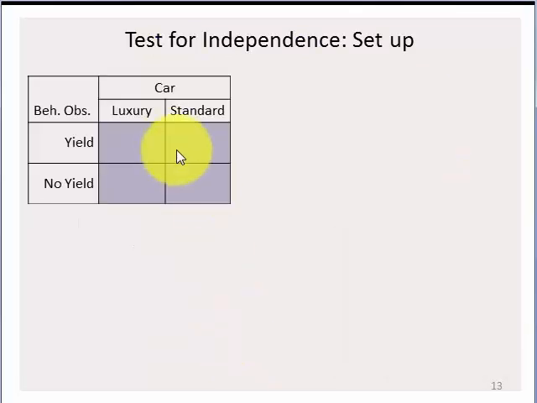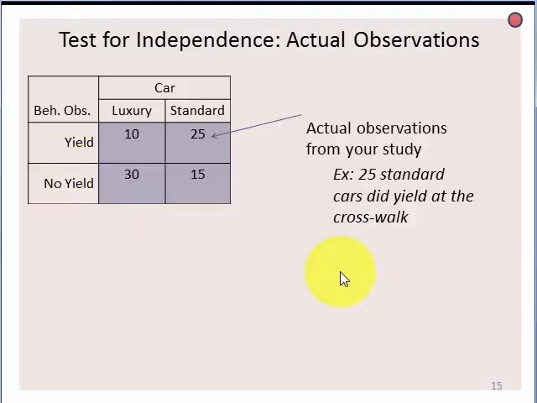Okay, so the way you would set that up kind of looks like a two-way ANOVA, where you'd have the type of car, luxury or standard, and then the other thing you're looking at, in this case, whether somebody yielded or did not yield. I've given you this space and this space to work it out, and I'll do it as well for you.